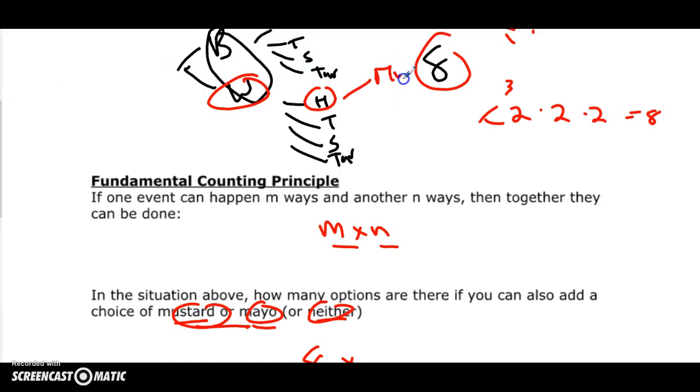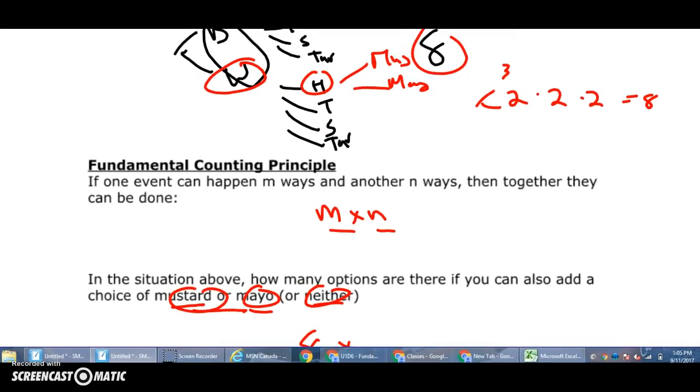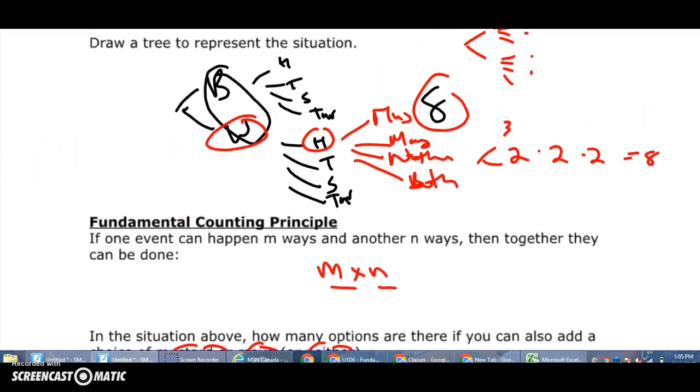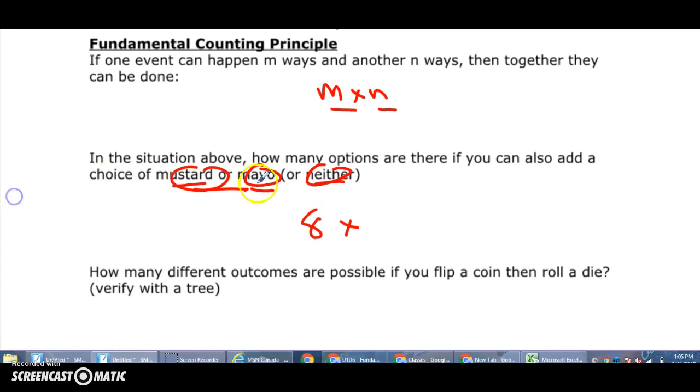Am I going to add mustard? Am I going to add mayo? Or am I going to add neither? You might also say if you add both, you could have 4 options there, but let's just say we can't add both. We can add mayo, mustard, or neither. So that means there's 3 options per sandwich, and that's times 3. So you just keep multiplying.